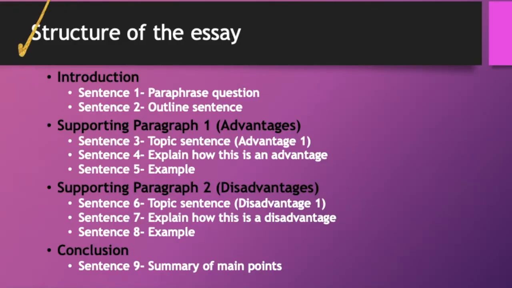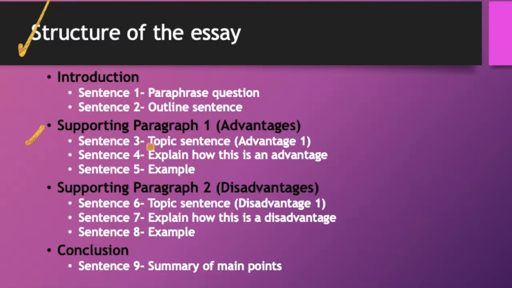Okay, now the structure of such an essay. In the introduction paragraph, you paraphrase the question, introduce the advantages and disadvantages, and you write the outline statement that this will be covered in the main body paragraphs.